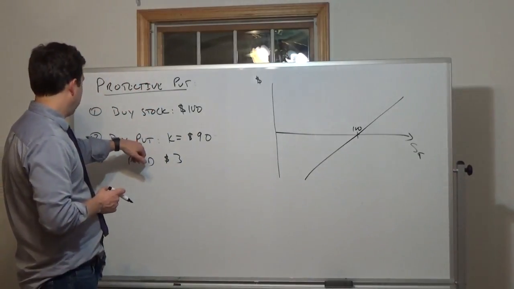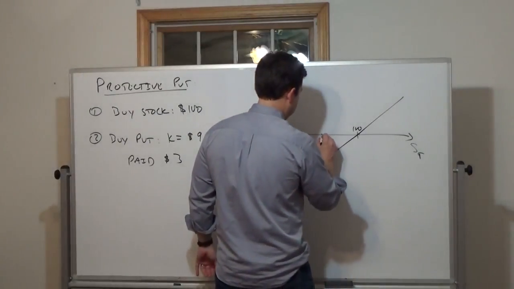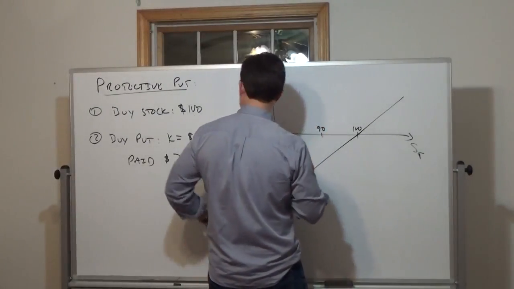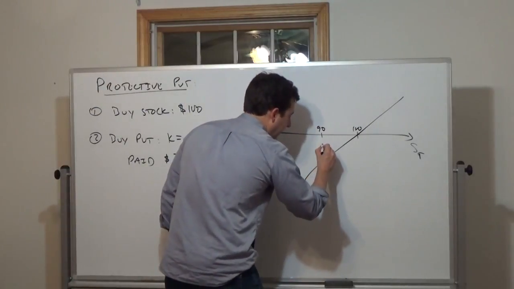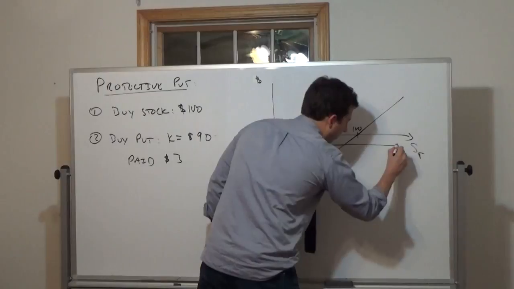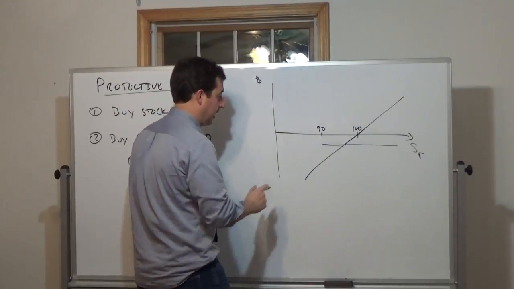And adding on here, buying a put with a strike at 90, this is the strike price, and we paid $3 for it. So anywhere above 90, we lose $3 on the option.